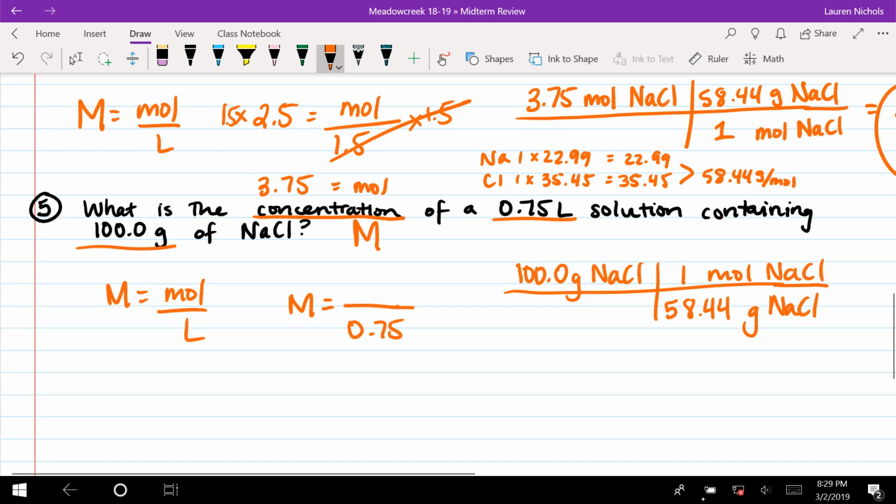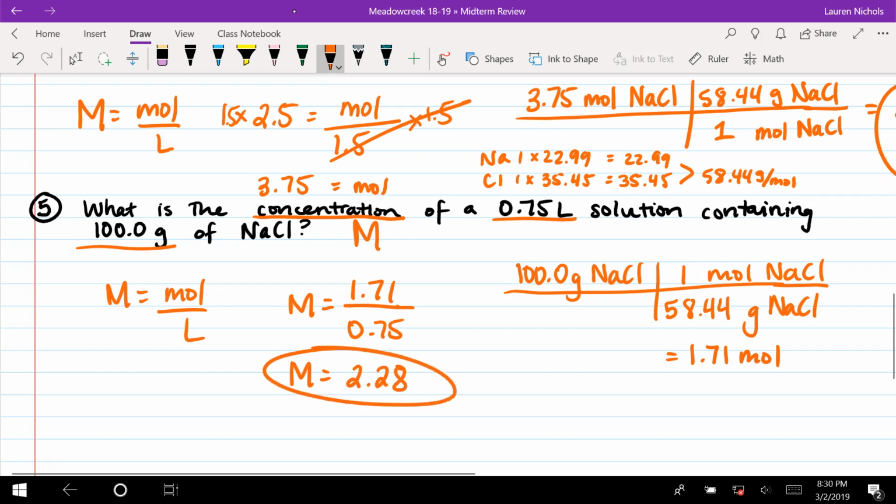And so 100 divided by 58.44 will give us 1.71 moles. So I just plug in that 1.71 there, and M would be equal to 1.71 divided by 0.75, which would give us 2.28 as our final answer.